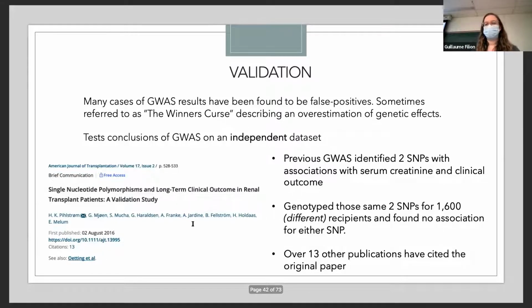Any other questions here on validation? We get why it's very, very important. And this isn't just for GWAS, for all genomic studies, it's really important to have this extra data set to back you up. Yes? So what do they call validation? Is it finding the causal SNP, or is it making sure that the tag SNP is actually associated statistically? So the question is, is the validation looking that the tag SNP is still significant, or are we looking for the causal?